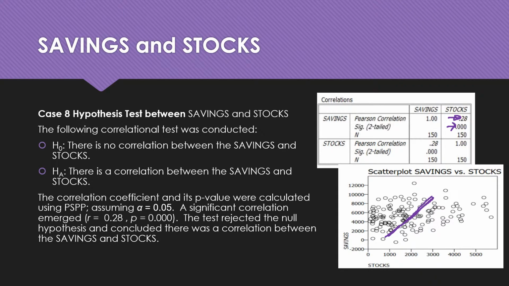So it's a positive, but it's a weak positive relation, meaning we are rejecting the null, accepting the alternative, meaning there is a correlation between the saving and the stock, but it's a weak positive relation.